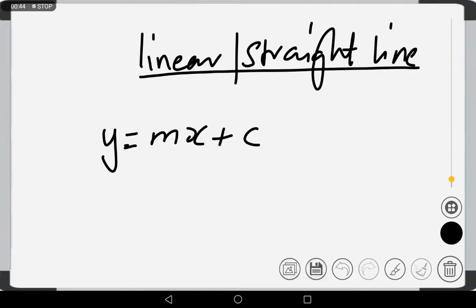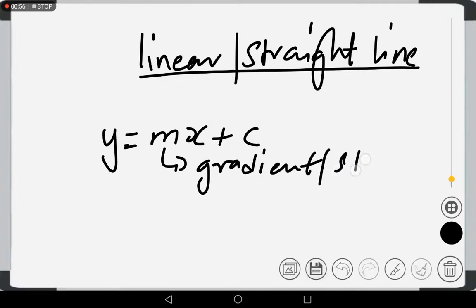So in this y equals to mx plus c, we have the variable called m. M is called gradient, or you can call it a slope. Our c, we call it constant.